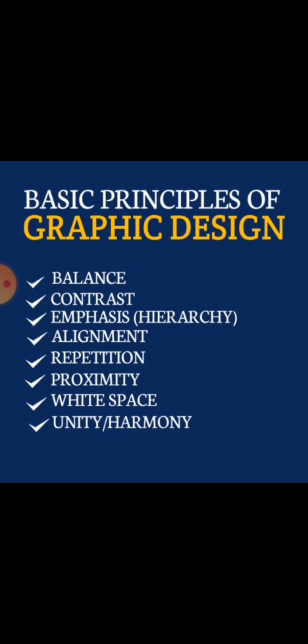Yes, you don't have to scatter your designs when designing. You have to group things together. That's proximity. Then the white space is giving your design a breathing space. You don't have to clutter everything. You don't have to put many texts or images in your design. So you have to give your design a breathing space.